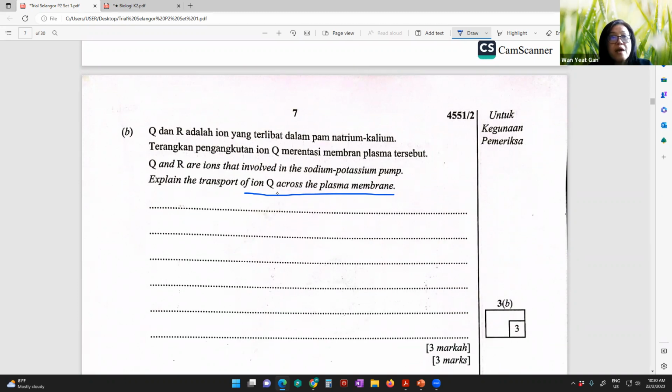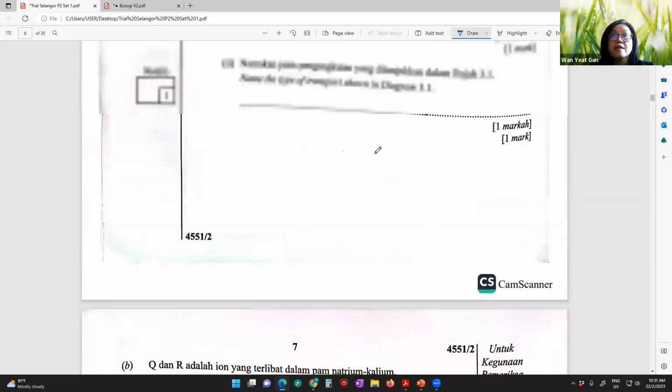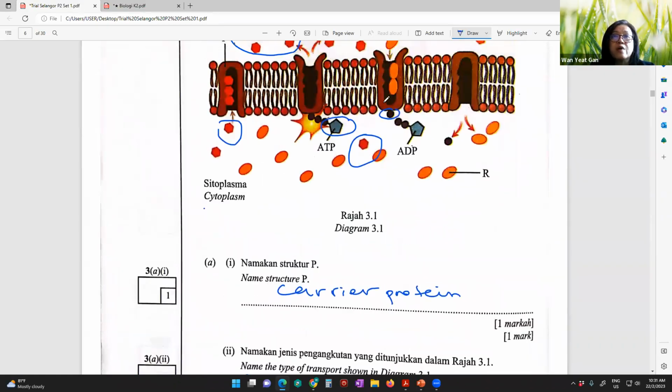The sodium ion, first of all, will have to bind to the carrier protein. After binding to the carrier protein, as you can see from the diagram, you see one ATP phosphate here. One of the phosphates will have to be attached to the carrier protein.